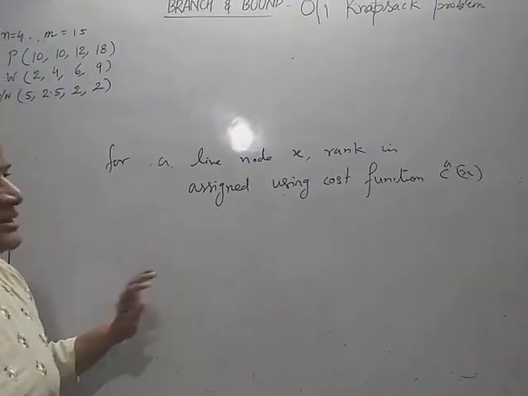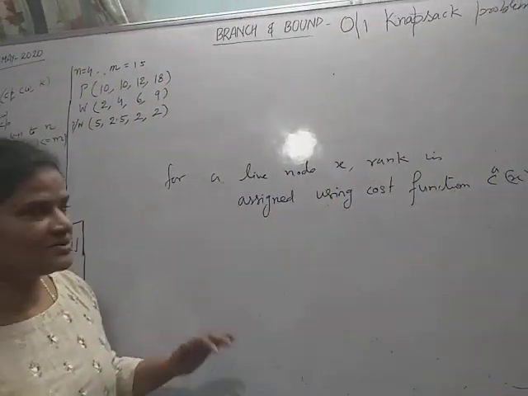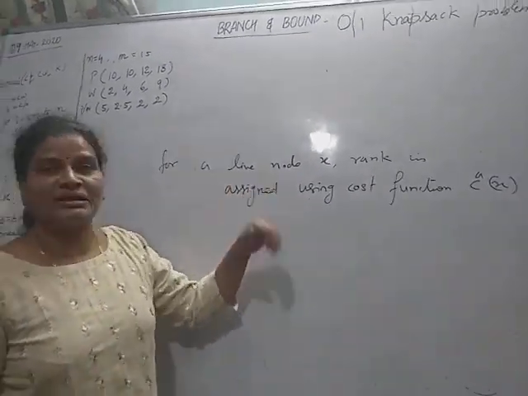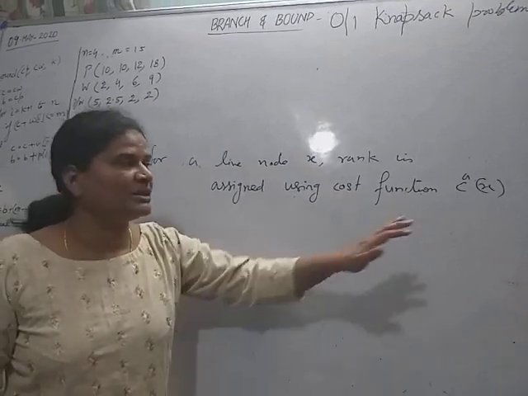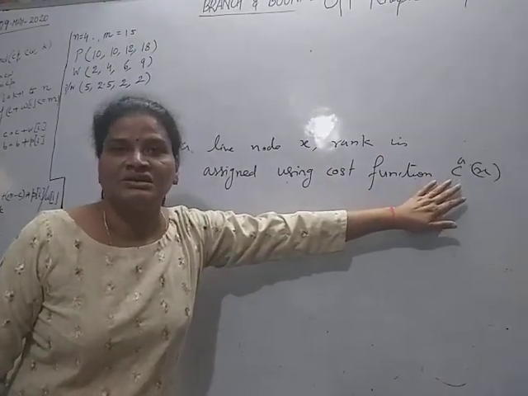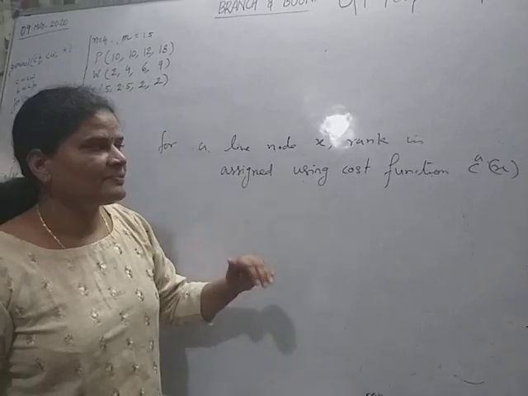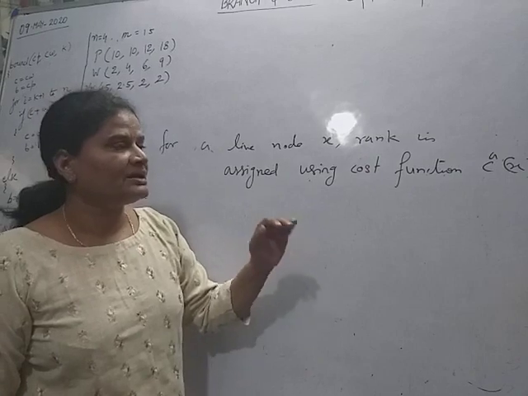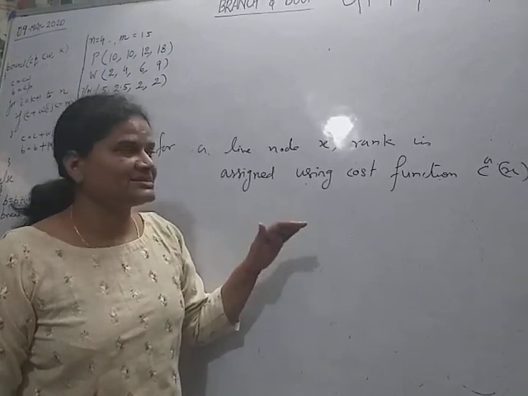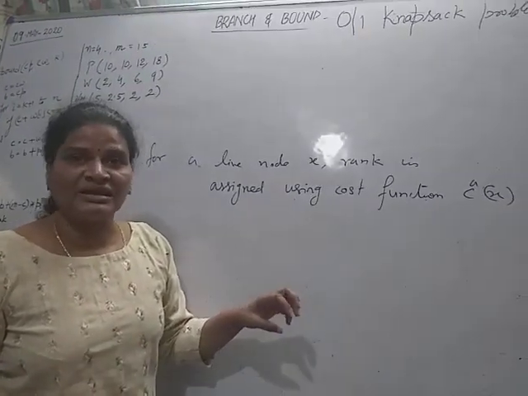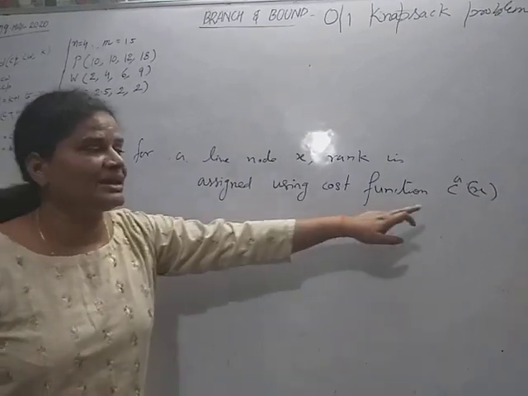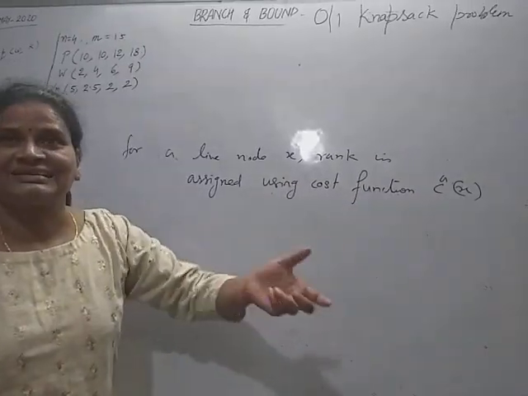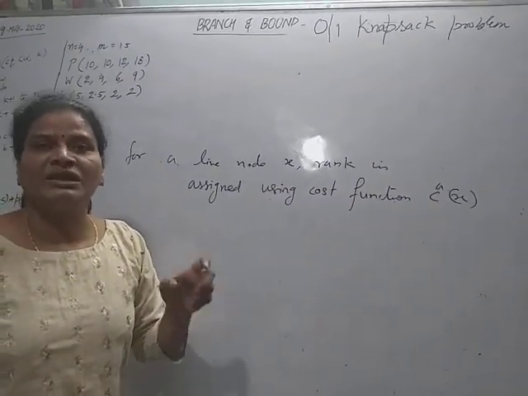Okay, so here the selection of the next E node, that is, which live node will become the next E node, will be on the basis of this cost function. As the name suggests, the least cost search strategy is a method in which the live node X with least cost function is selected as the new E node.